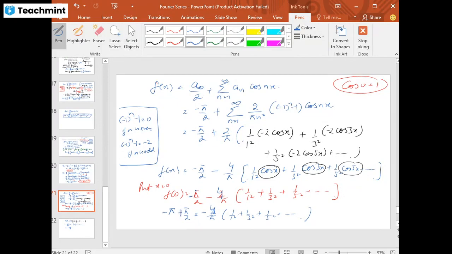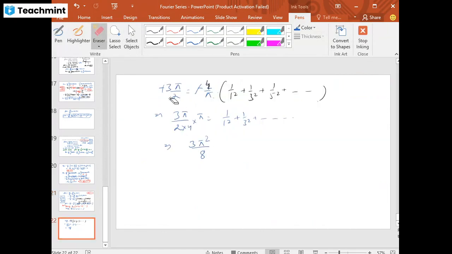Its value is minus pi by 2. So when we take this side, it is minus pi by 2. Let me correct this. So its value is pi square by 8. The value of this infinite series comes out to be pi square by 8.